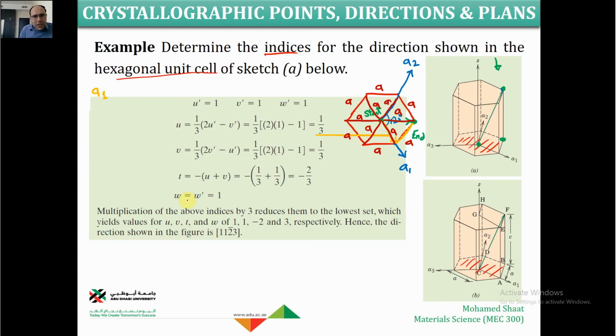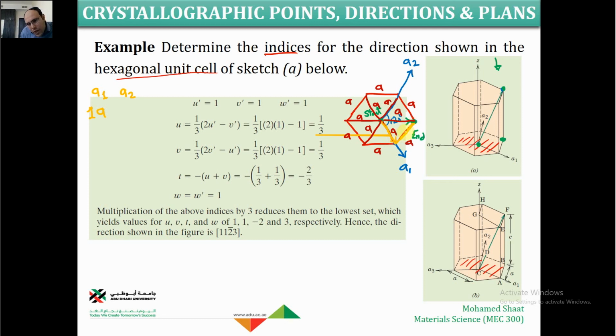So what does it mean? This means that you're going to move parallel to A1. How long? You're going to move parallel to A1 the entire A, 1A. Then how long are you going to move parallel to A2? I'm going to move parallel to A1 first, then I'm going to move in this direction parallel to A2.